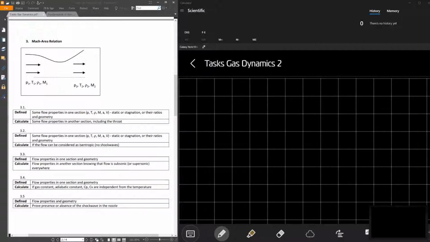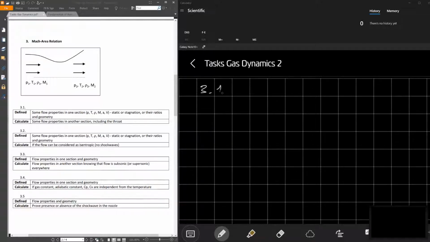Let's assume the first case when the parameters are known on the inlet cross section. Okay, so the inlet cross section is cross section 1 on the left, and I will put some parameters. Let it be first Mach number and pressure, and then we can see other thermodynamic properties.